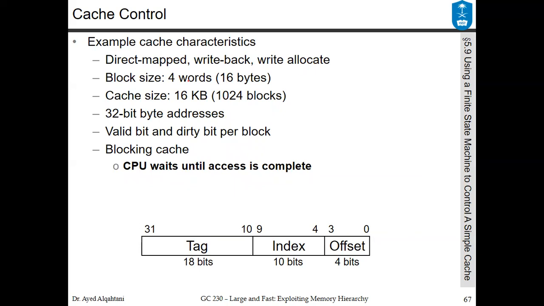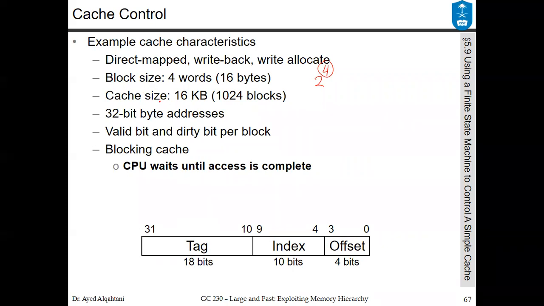The block size is 4 words, which is 16 bytes, and the cache size is 16 kilobytes, which is 1024 blocks. To get the breakdown, since you have 4 words, the offset is 4 bits, because 16 bytes is 2 to the power of 4, and this 4 in the power is represented by 4 bits in the offset.